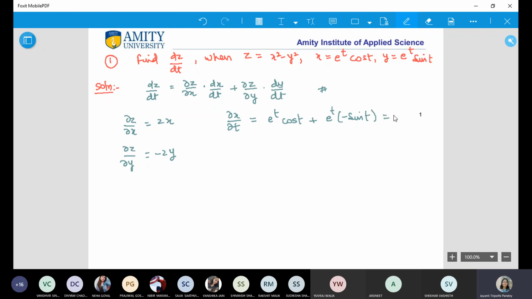So we can write e to the power t (cos t minus sin t). Now dy by dt: differentiate this, e to the power t sin t plus e to the power t cos t.